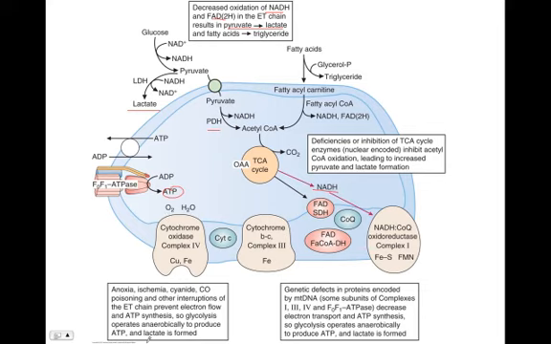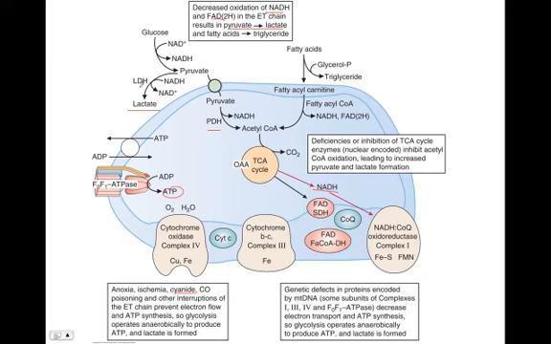In the case of ischemia, or an inhibitor added to the electron transport chain, if you disrupt the electron transport chain, NADH becomes elevated, and you again inhibit the TCA cycle at those key regulatory enzymes.